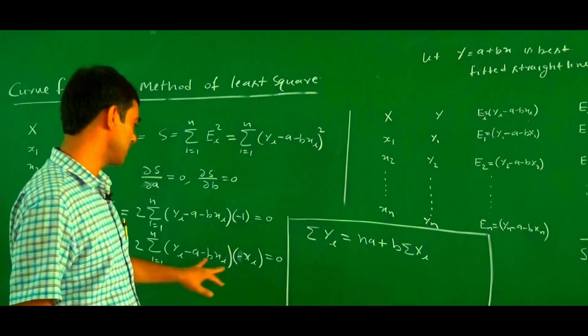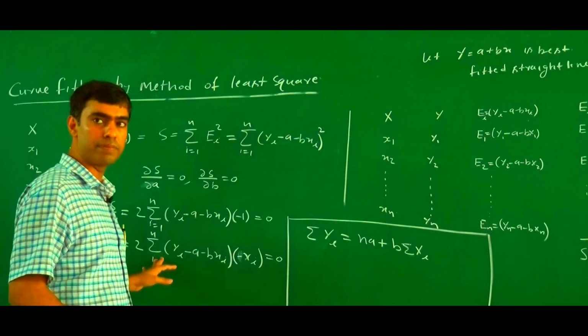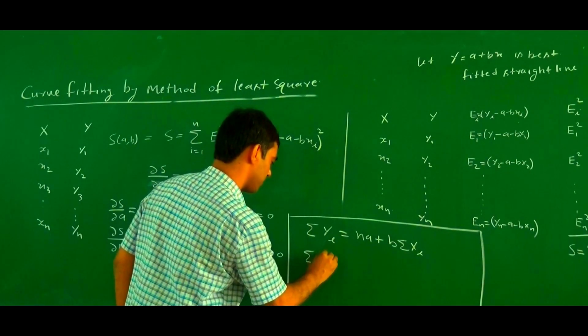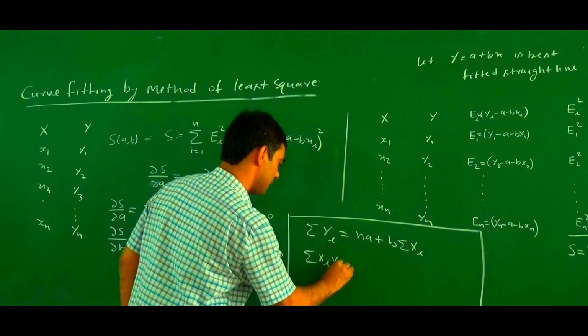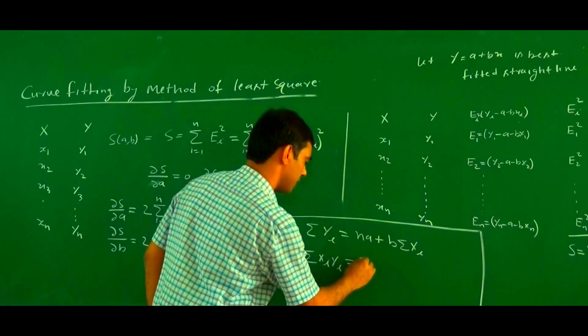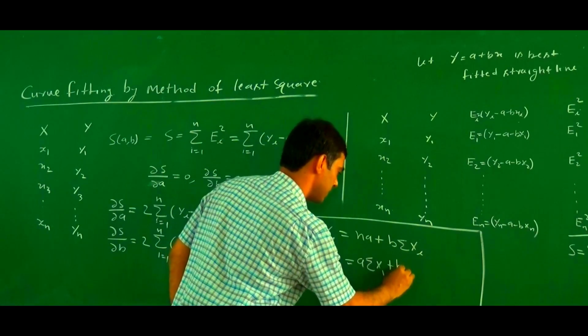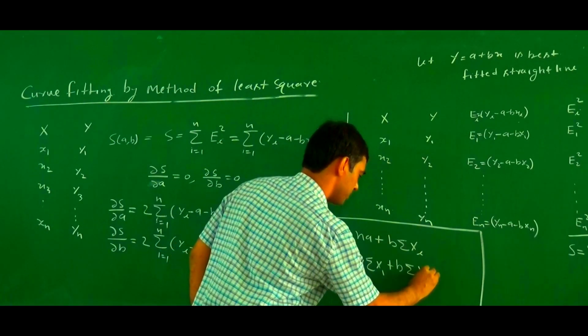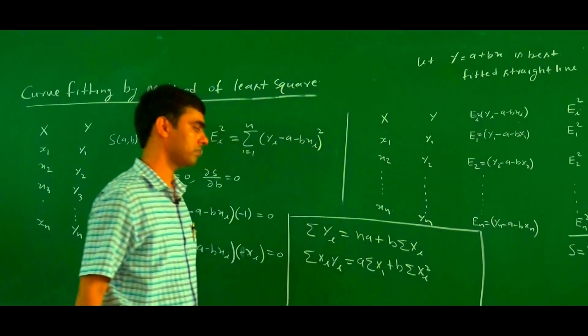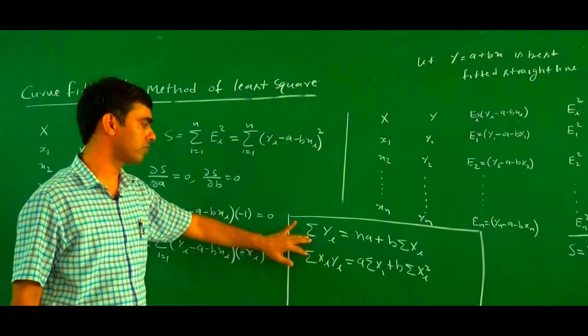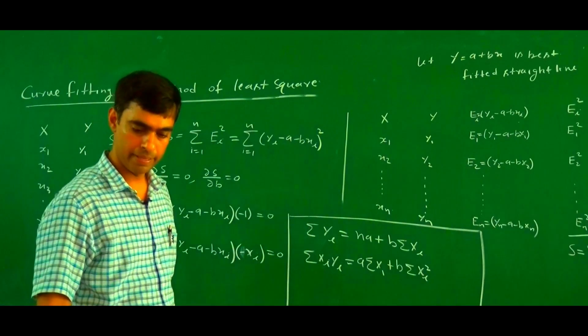After simplification of this one multiplied by xi, then we operate the summation. Then this becomes summation of xi yi equal a summation of xi plus b summation of xi square. By default, the summation is from i equal 1 to n.